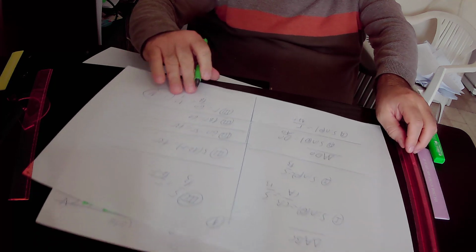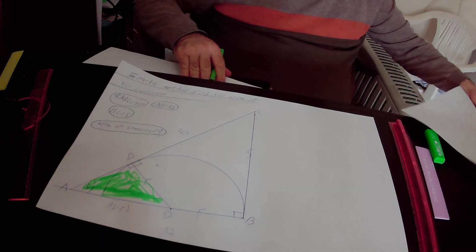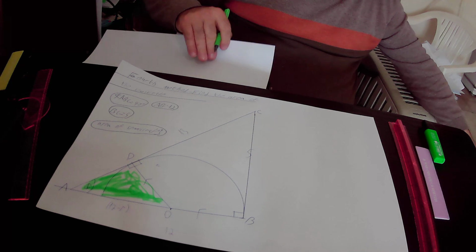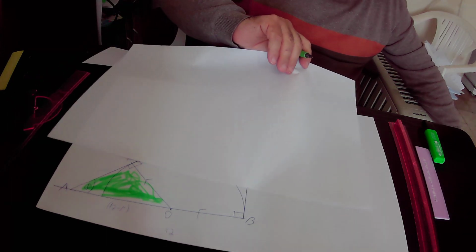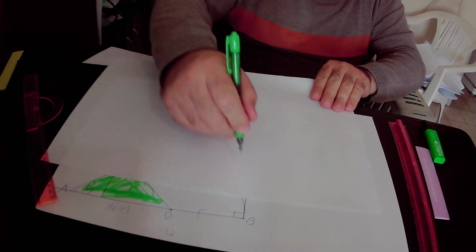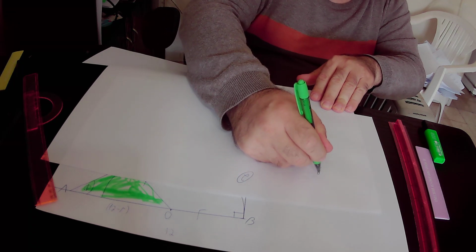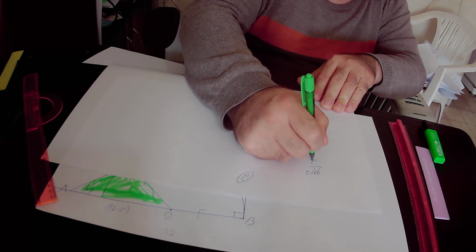And therefore, the area of the semicircle equals pi r squared over 2.